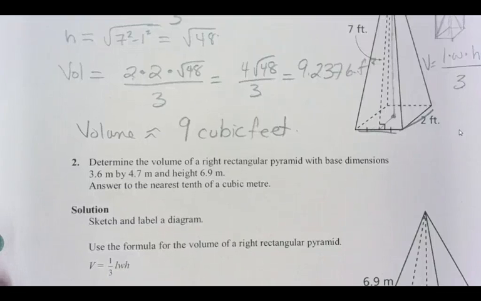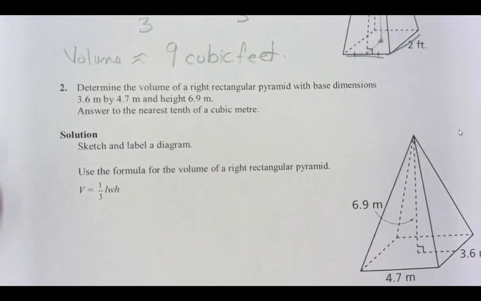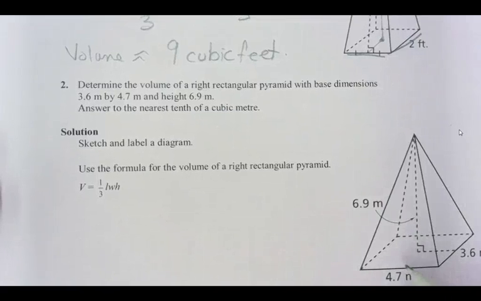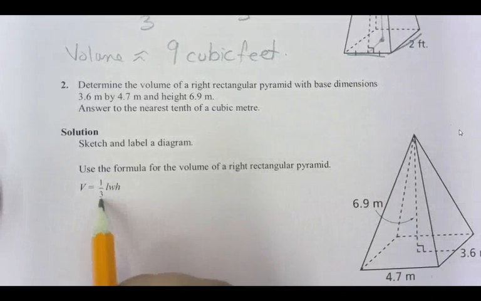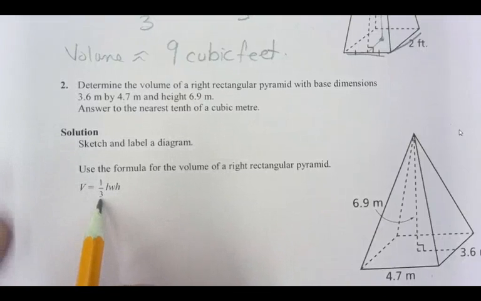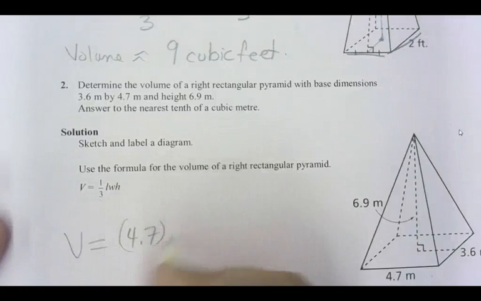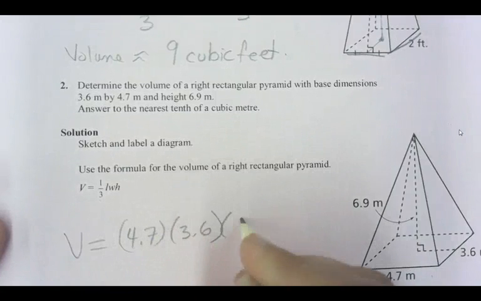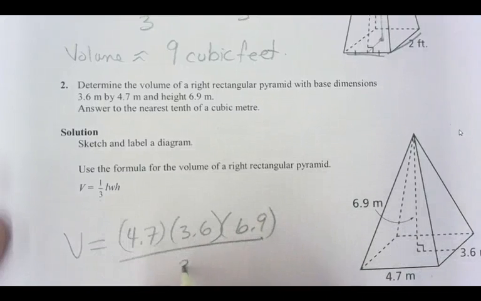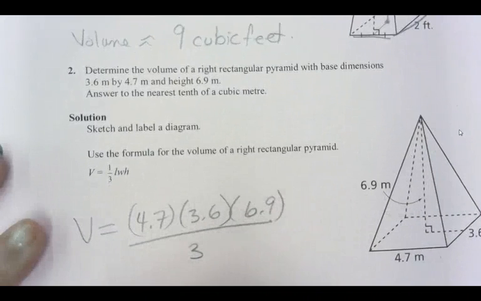Okay, next question. This one's actually pretty simple. We don't have to do anything or figure out any extra lines. Our volume equation is 1/3 times length times width times height. So volume equals 4.7 times 3.6 times 6.9 divided by 3. Because it's pointy, it's 38.916.